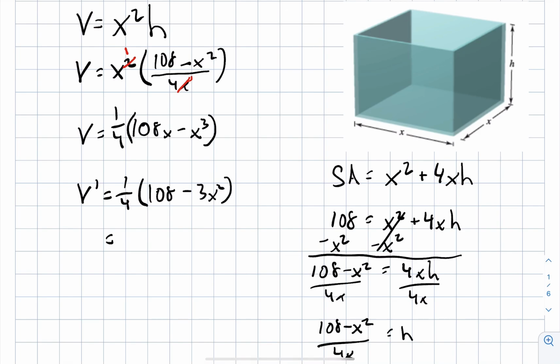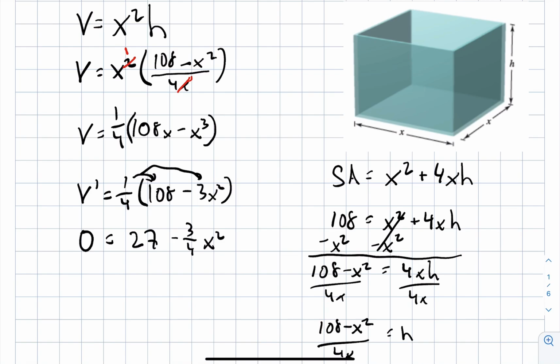So that's going to be 1/4 times the 108. Turns out that's going to be 27. And then 1/4 times the -3, we can just call that -3/4 x squared. And that's our derivative. And we want to set that equal to 0 to find our critical values.